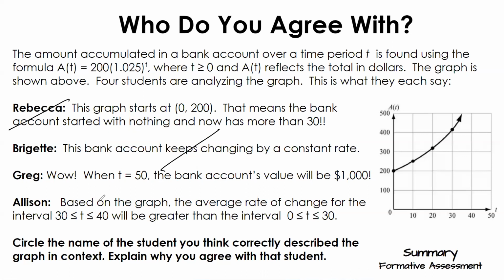Greg says, when T equals 50, the bank account's value will be 1,000. Is that true? How would we go about trying to figure that out? Put it in Desmos, or you could take 50 and plug it into this equation. So 200 times 1.025 raised to the 50th power. What does that give me?